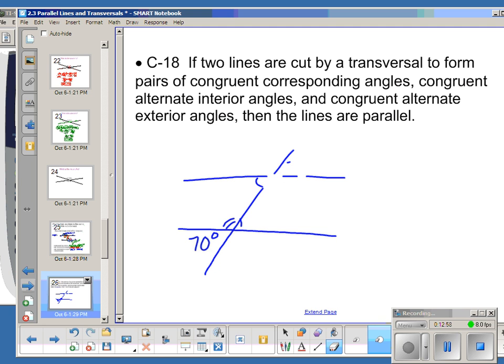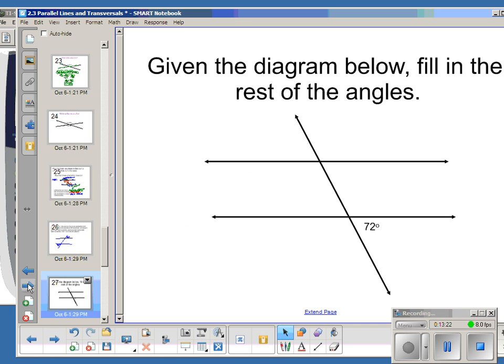But if they tell you that that angle is 70 and this angle is 72, you could prove right there that these lines are not parallel because the alternate exterior angle is not congruent. So if you're trying to prove they're not parallel, you're going to be looking for alternate exterior, alternate interior, or corresponding angles that are not congruent.